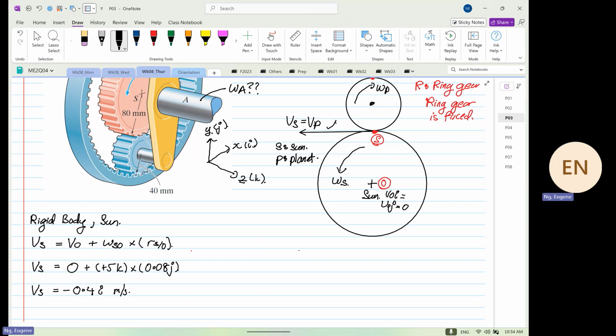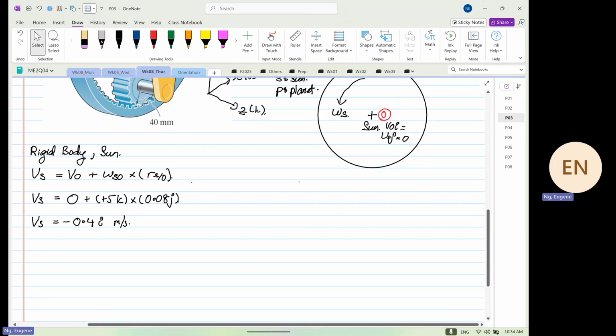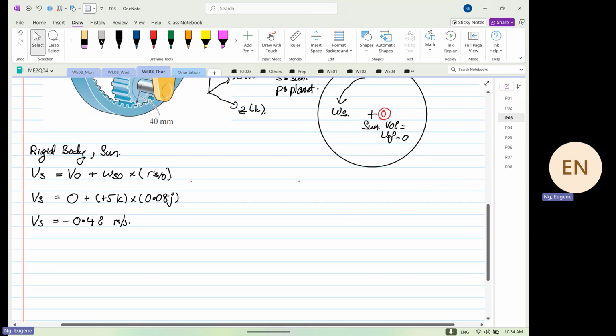Now, the next thing that we are going to do is focus on the rigid body, which is our planet.